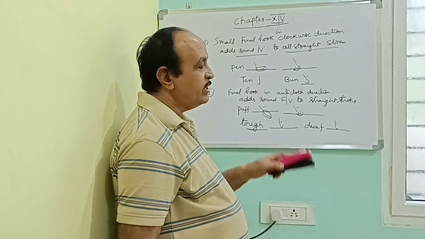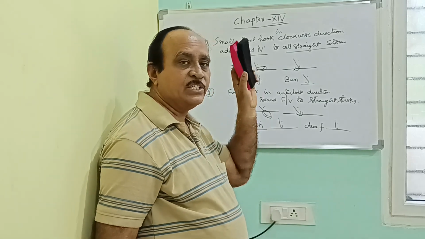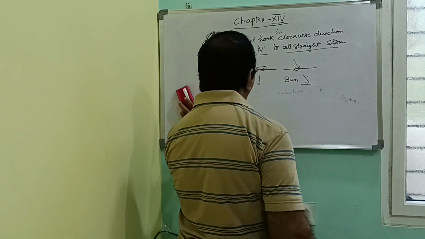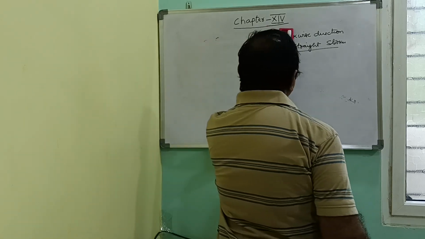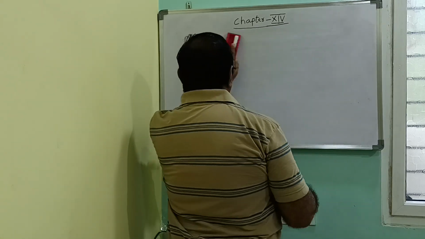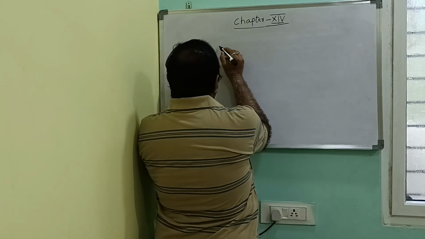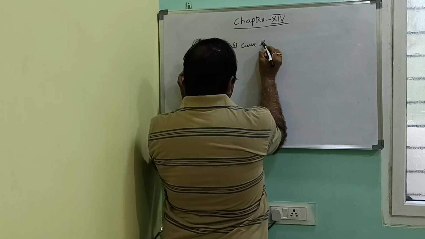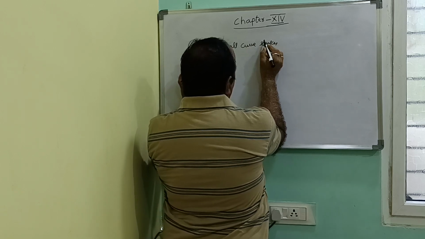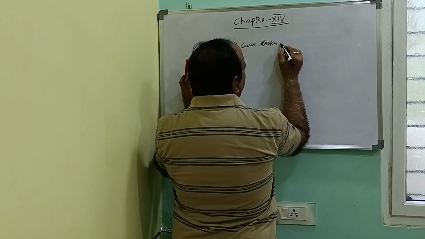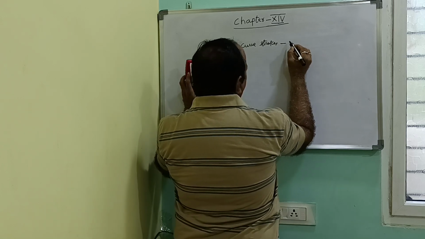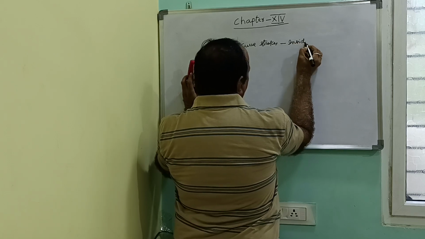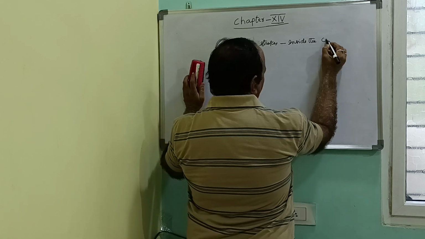So N and F hooks are the final hooks, R and L are the initial hooks. Now we are going to learn how the N hook is written with curve strokes. For all curve strokes, this N hook is written inside the curve.